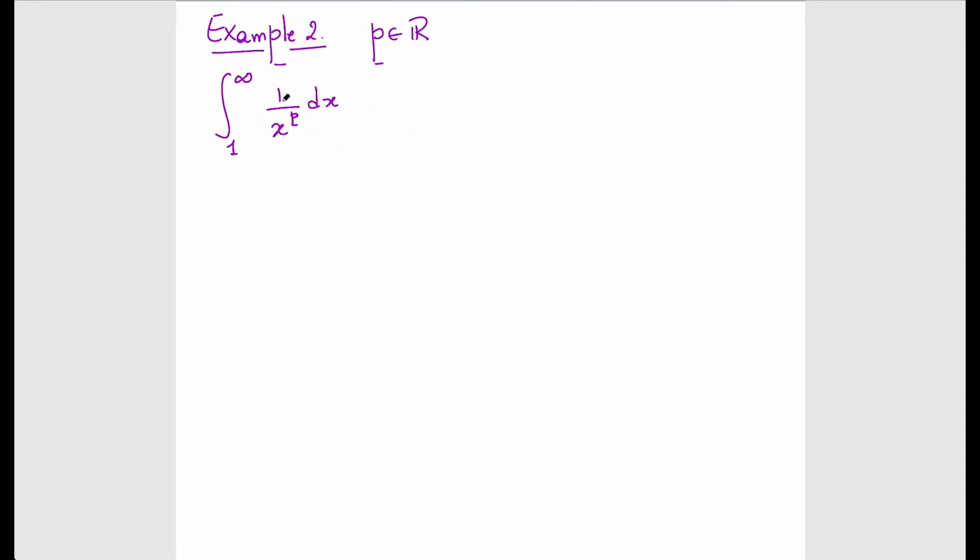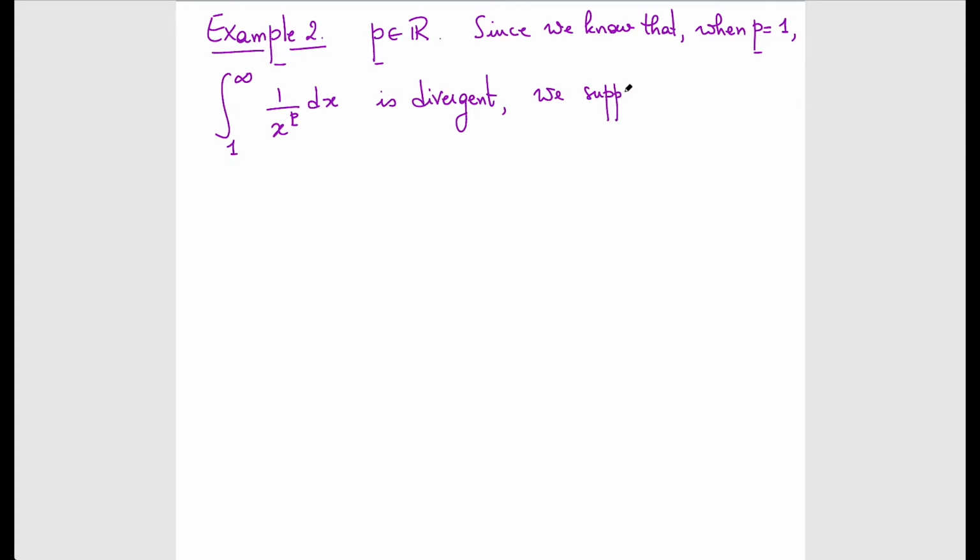Since we know from example 1 that when p is 1, the integral from 1 to infinity of 1 over x dx is divergent, since that case is understood, let's take p to be different than 1.